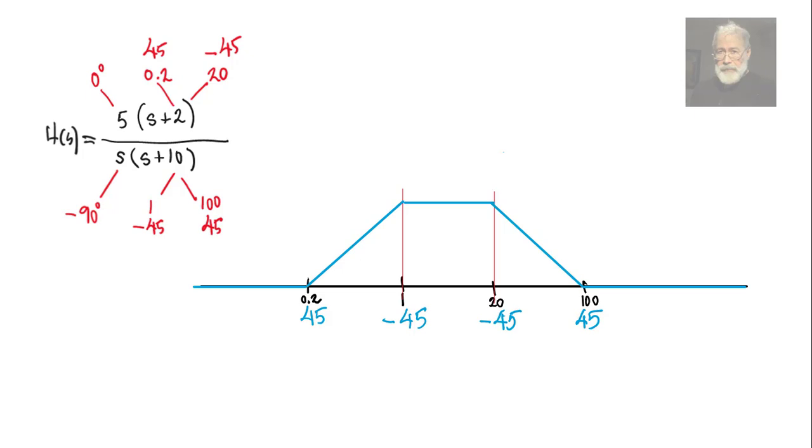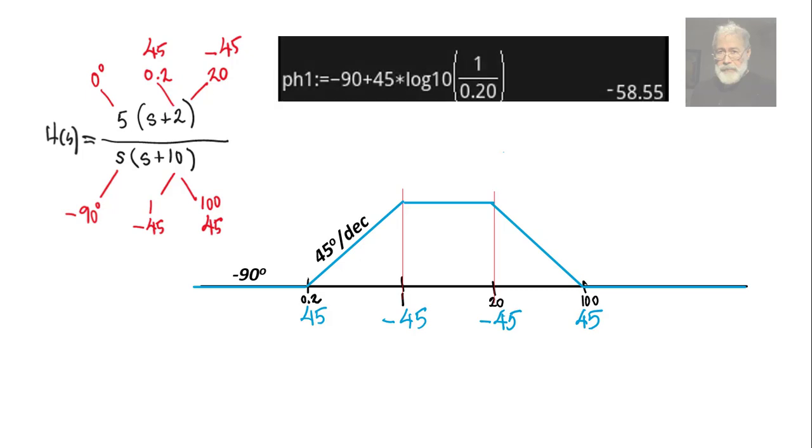The entry value is negative 90 degrees. And what are the other values? Well, the slope here is 45 degrees per decade. We know that one. Let's use a calculator and find that the phase at 1 radian per second is the value at 0.2, that is negative 90, plus the increase in phase, which is the slope, 45 degrees per decade, multiplied by the number of decades between 0.2 and 1, log of 1 divided by 0.2.